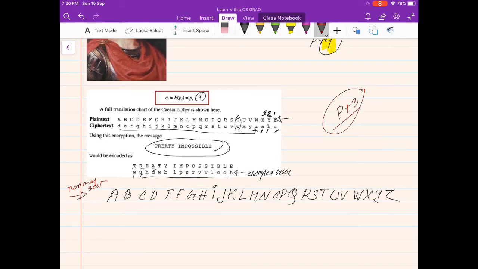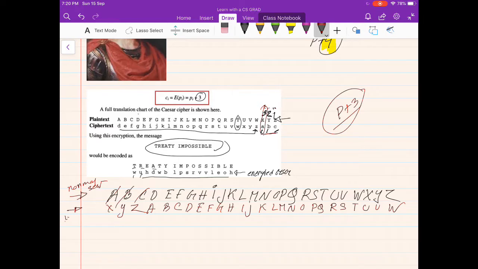When we are doing encryption, we start from the right hand side. So 1, 2, 3, remember, 1, 2, 3, and at the 3 point we start our A, B, C. In this case you'd be putting A here, A, B, C, D, E, F. So this is the new sequence that you get.